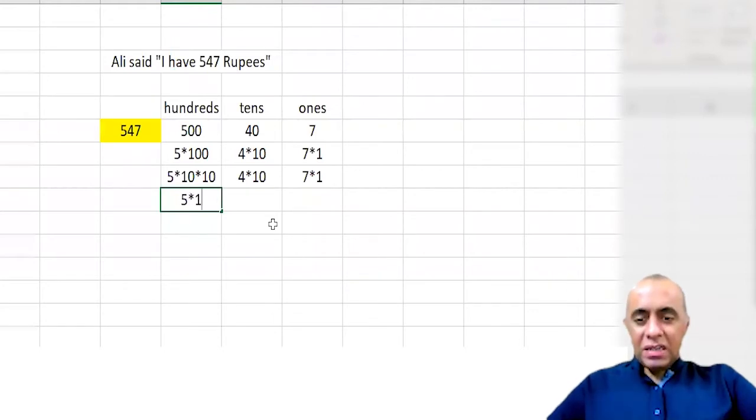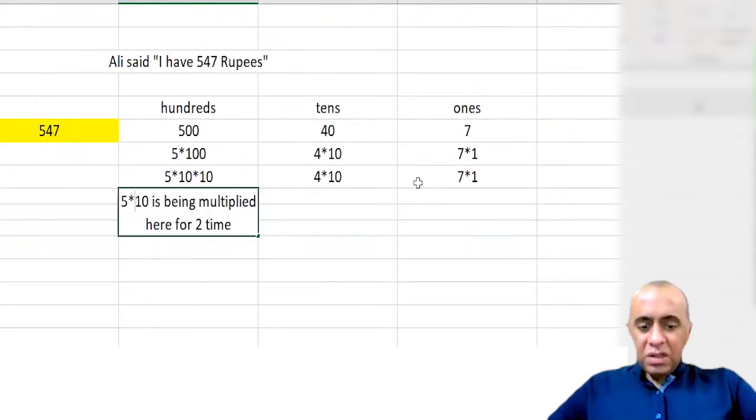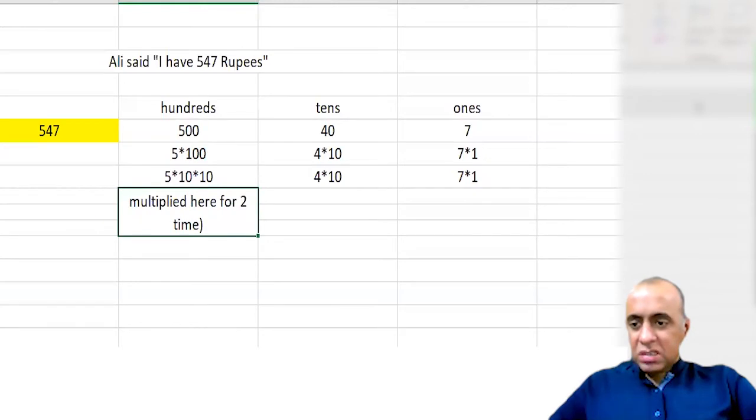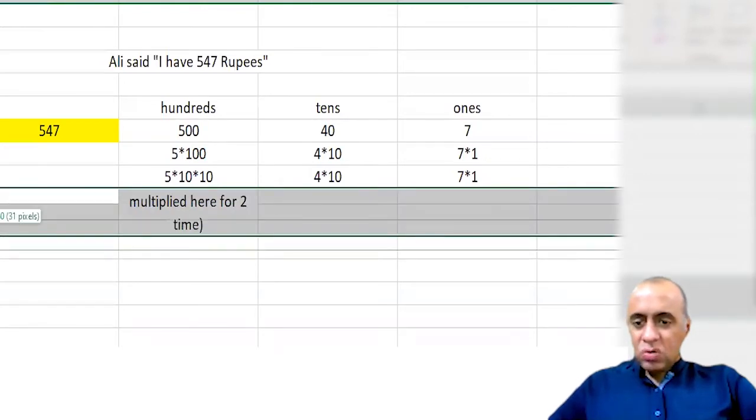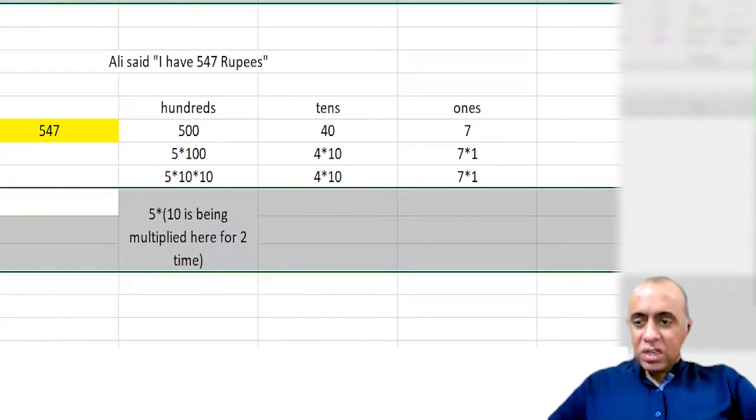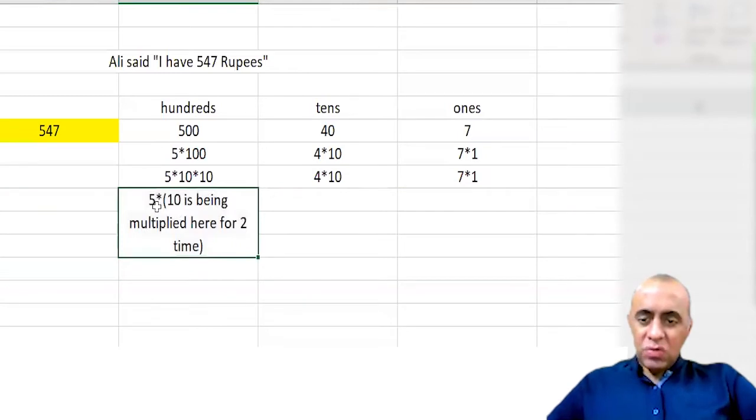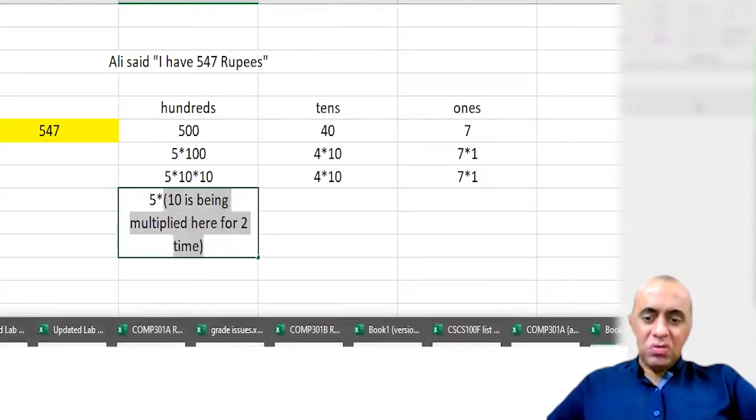I could write it like that: 10 is being multiplied over here 2 times. And let me place brackets on this, because I would like to have this statement applied only to the 10 and not to the 5. So 5 multiplied by what? 10, which is being multiplied 2 times.